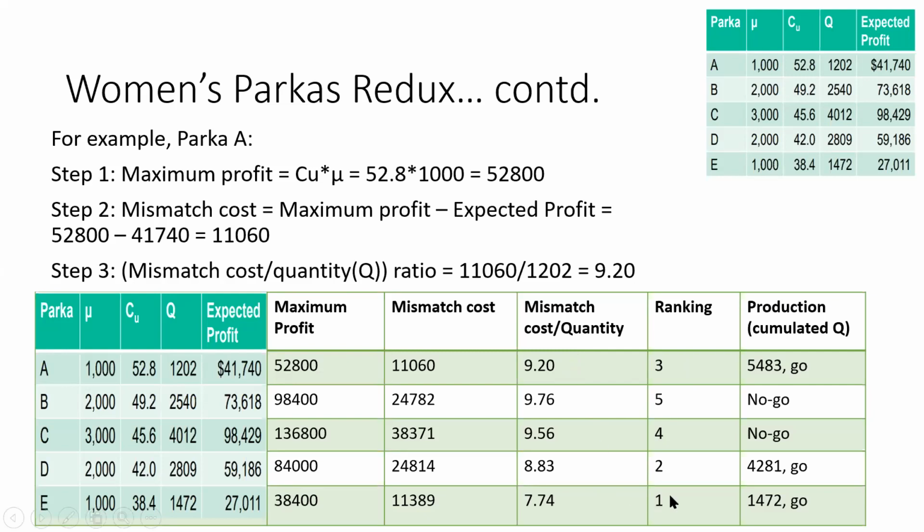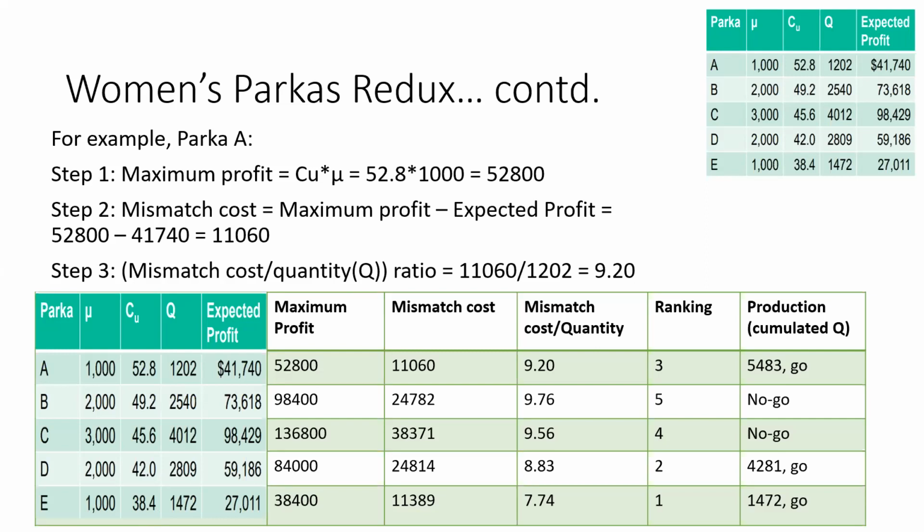So the least is 7.74, so that's 1. Then Paka D is 2, Paka A is 3. So the order is E, D, A, C, B.